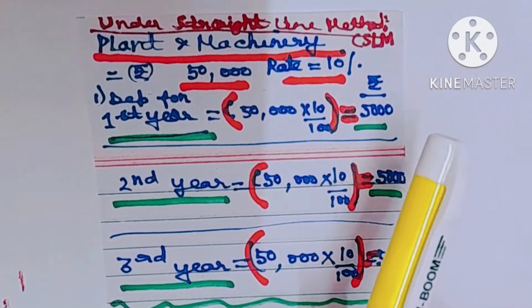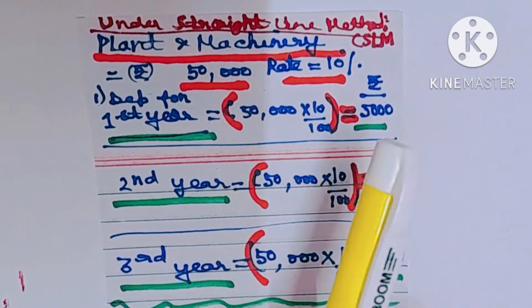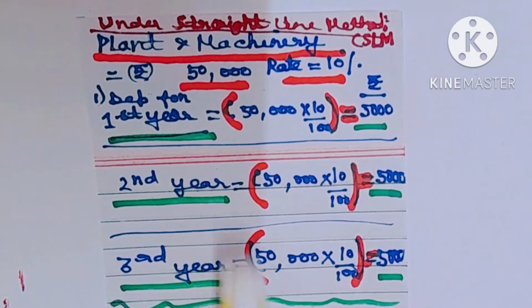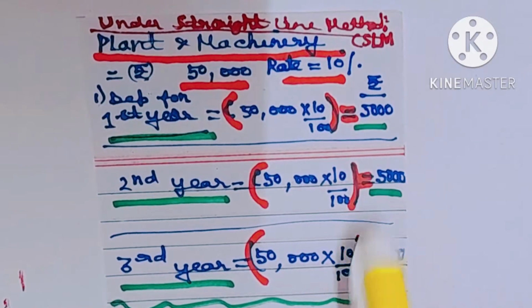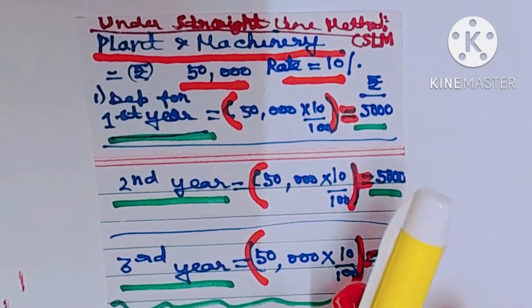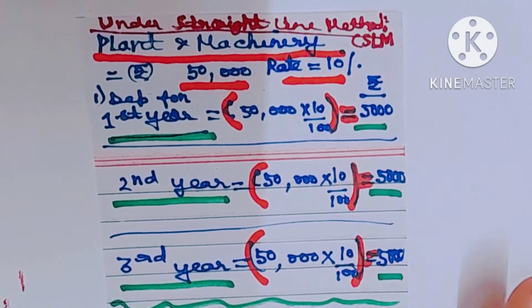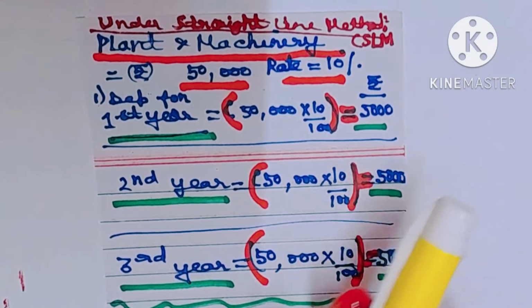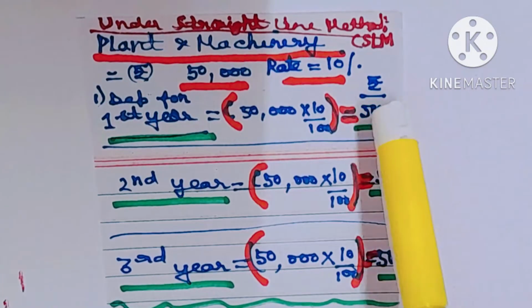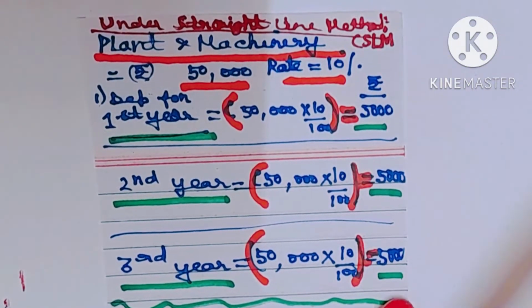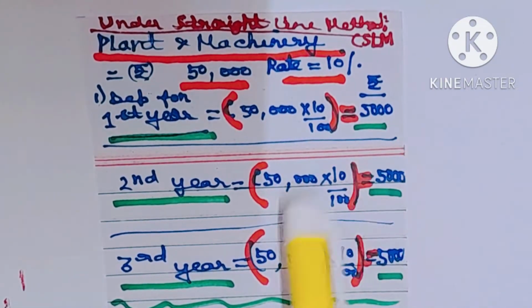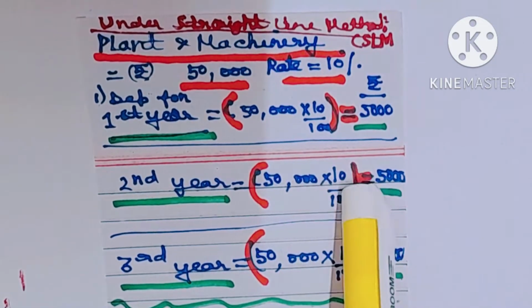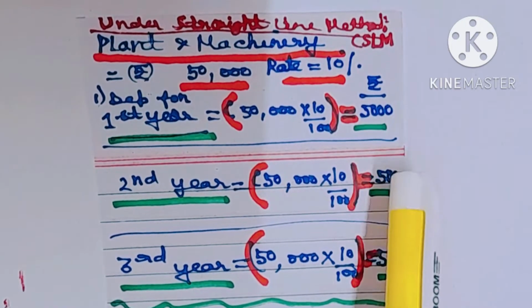The amount of depreciation remains equal from year to year, and that is a fixed amount of depreciation is charged every year. First year, second year, third year, same depreciation. That is the reason this method is also known as fixed installment method. An equal amount of depreciation is charged under this method, and that is the reason this method is also known as equal annual installment method or equal installment method.